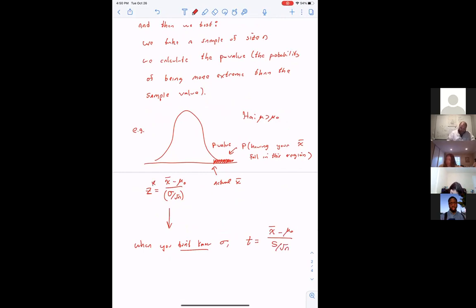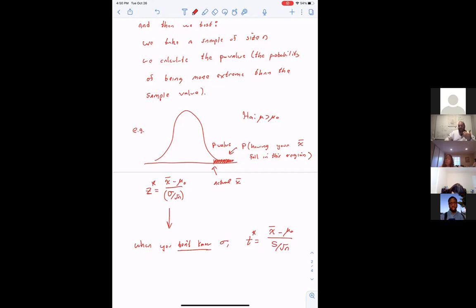Technically, these are my z stars and my t stars, which is just the symbol that we use in this context. When you don't know sigma, you just use s instead.